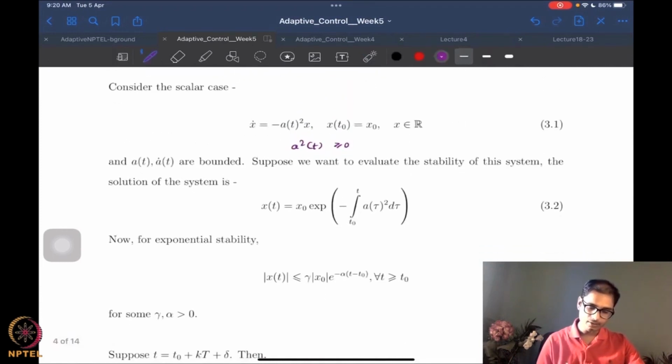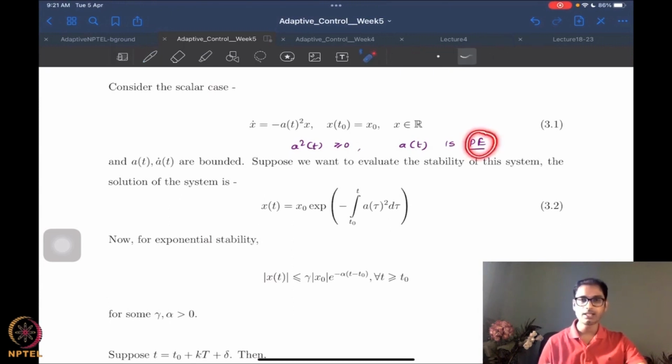We will say A square is positive, and we are also going to say A of t is persistently exciting. PE is the standard acronym for persistently exciting. So A is not necessarily non-zero at all instants of time, but A is persistently exciting. Over a moving window average, something nice is happening.